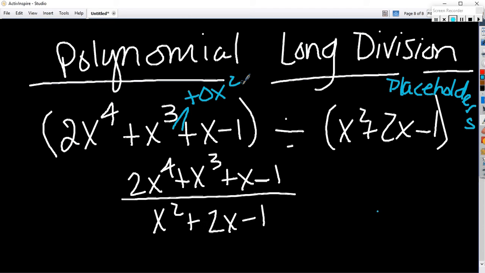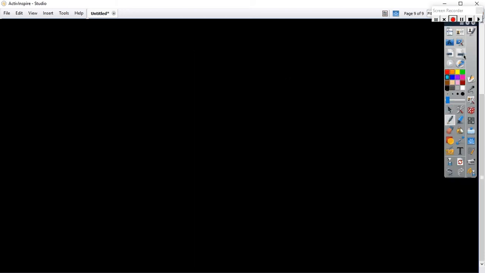On the outside, let me write this down. Plus 2x minus 1. On the outside goes what follows the division sign. So I have, and you'll want to keep this neat. That's going to be the key to this, is how neat you are, okay?